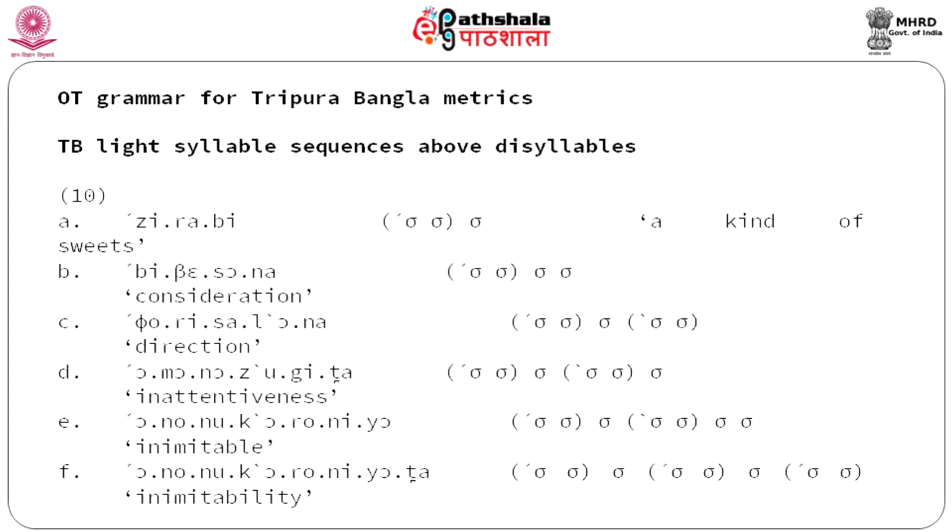Now is the time to take a look at the constraints and how they interact in a system such as that of Tripura Bangla. OT grammar for Tripura Bangla metrics. In Tripura Bangla, words which have more than two syllables have the patterns of stress as shown on the screen.